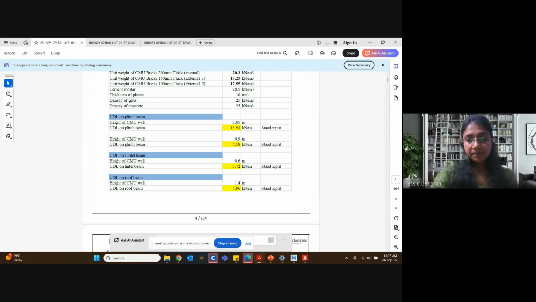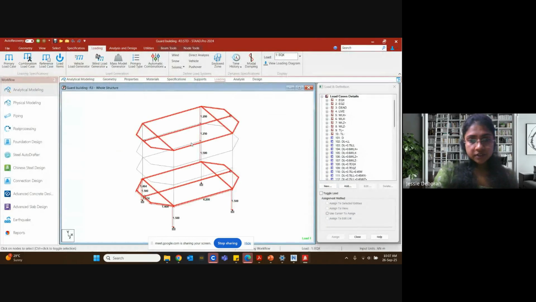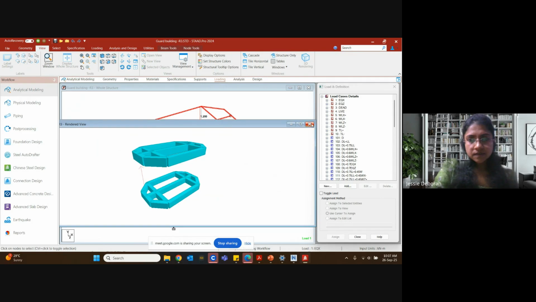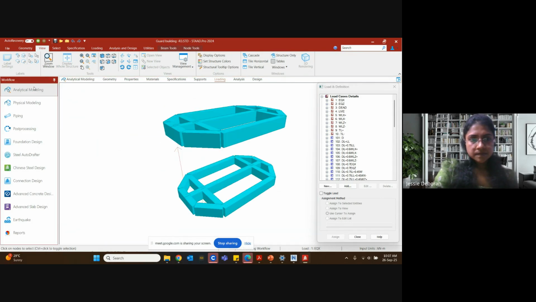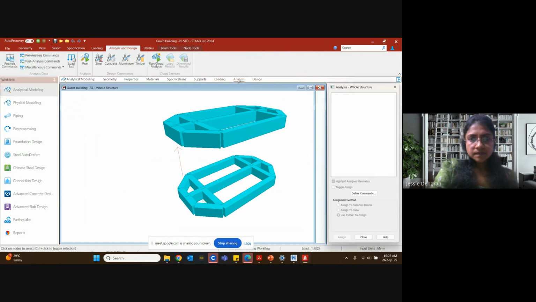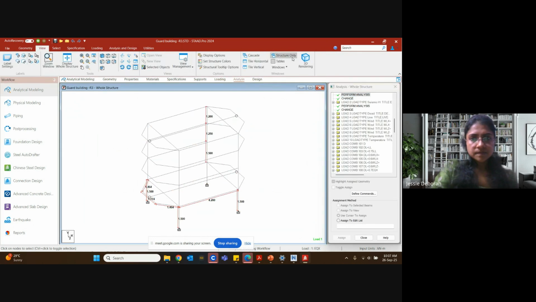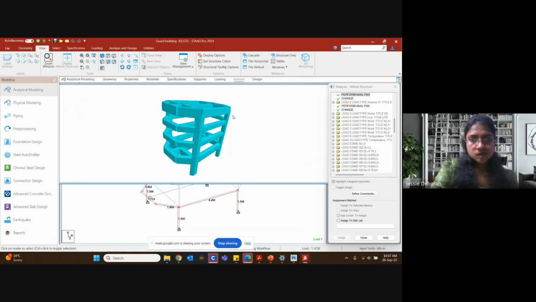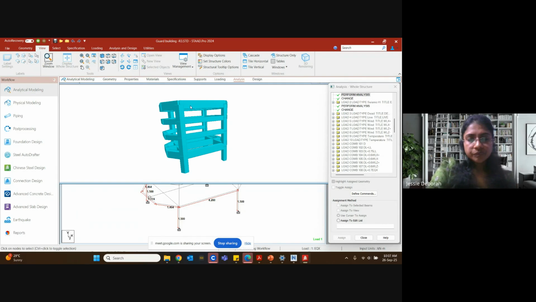Plinth beam, lintel beam, and in your this, if you see, okay, see, this is your roof beam, this is your plinth beam, this is cut lintel.